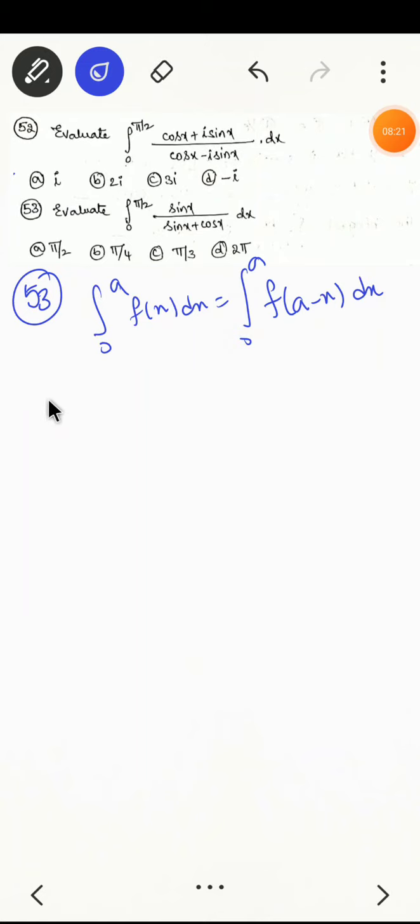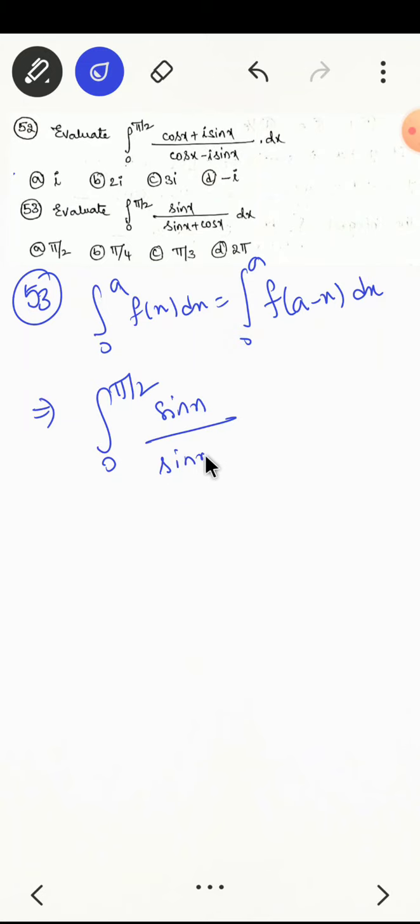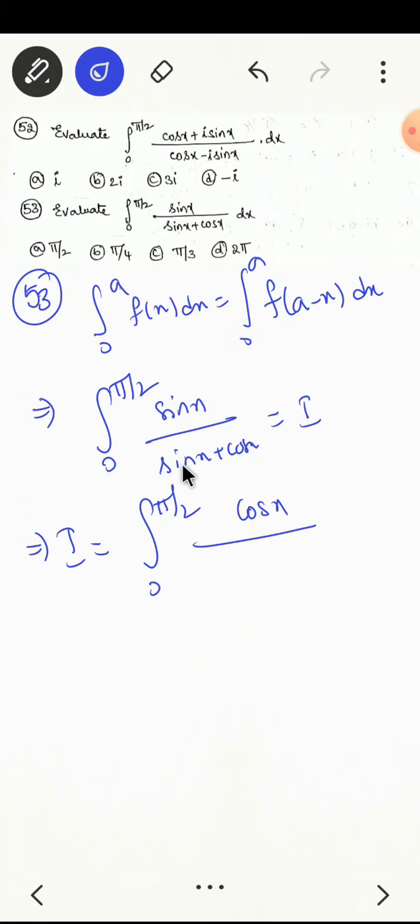Then start writing that problem like that. Integral 0 to pi by 2 sin x by sin x plus cos x. I'll assume it as I. Then one more I can be written as integral 0 to pi by 2 sin of pi by 2 minus x, which is cos x, by cos x plus cos of pi by 2 minus x, which is sin x.